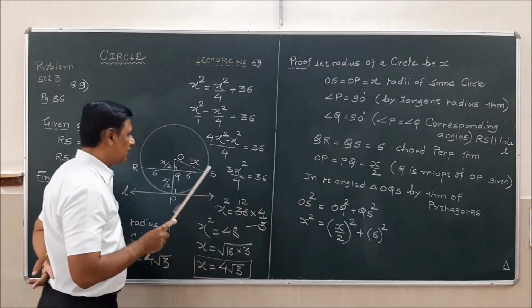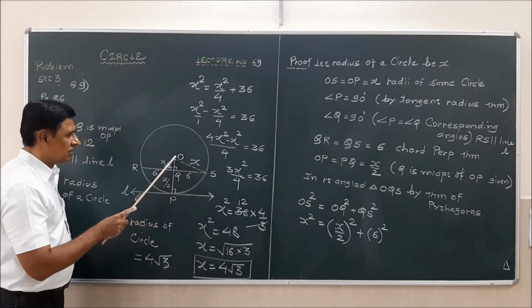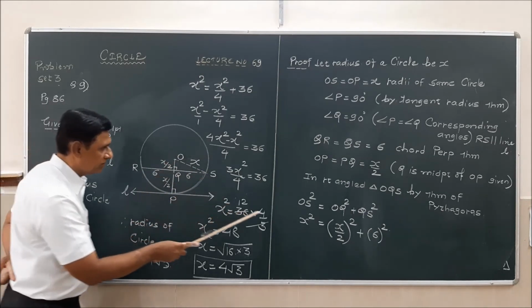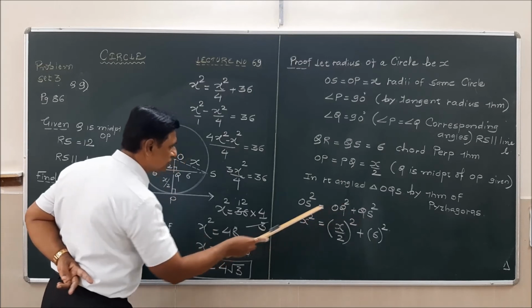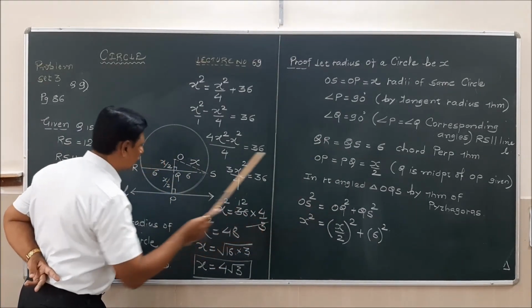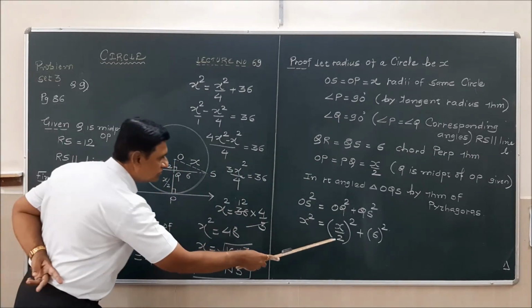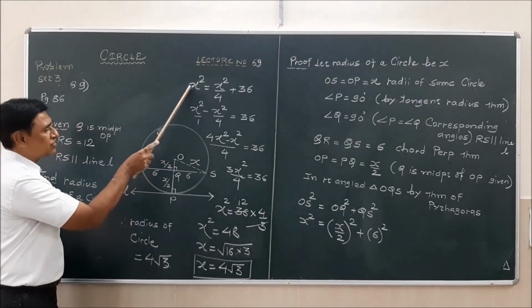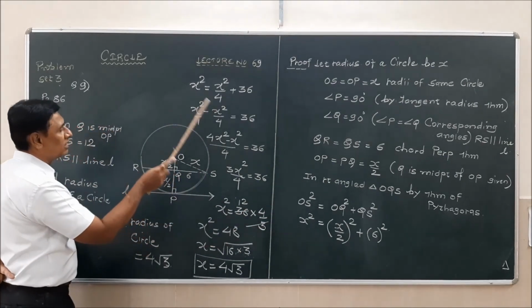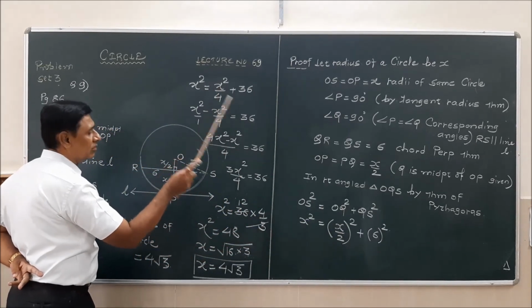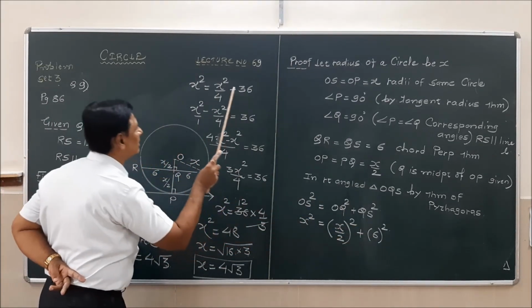In right angle triangle OQS, OS square is equal to OQ square plus QS square. OS is x. X square is equal to OQ, x upon 2 the whole square, plus QS is 6 square. X square upon 4 plus 6 square, 36.